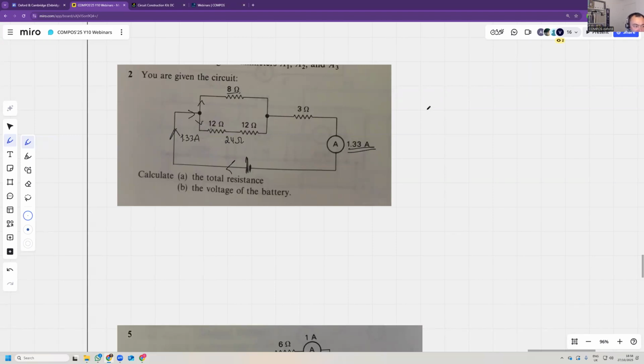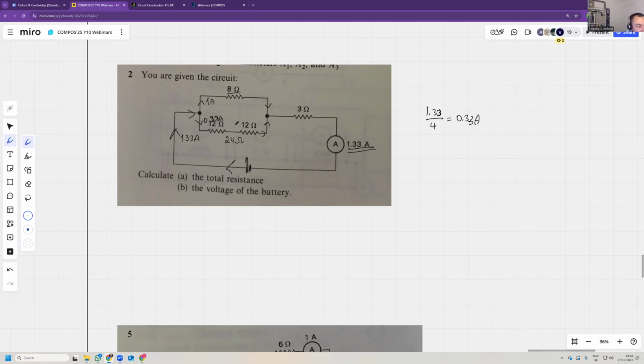So you would split 1.33 divided by 4, which would be 0.33 amps. So this is 0.33 amps. And this is 1 amp going up, 0.33 going down. Okay, so good. So we know the currents.